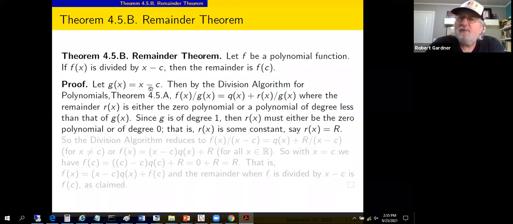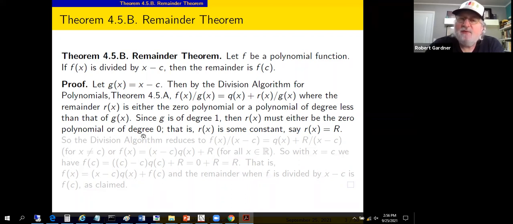But g of x is a first degree polynomial, so r of x must either be the 0 polynomial or a polynomial of degree 0. It must be a constant, no matter how you slice it. For some technical reasons to be elaborated on in the next section, when we talk about the fundamental theorem of algebra, the constant function of 0 usually doesn't count as a polynomial.